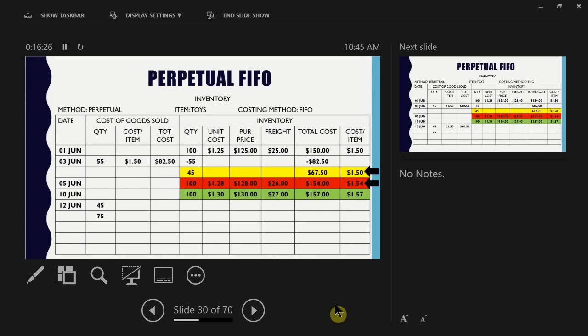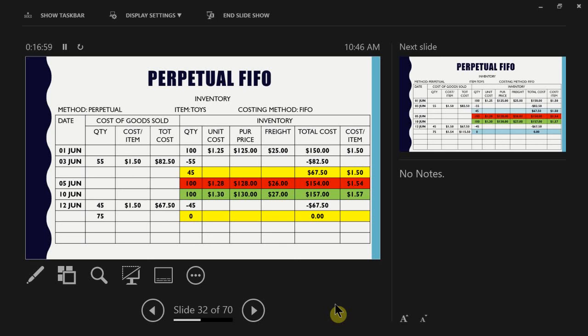The yellow batch, like I've mentioned before, is going to cost me $1.50 to sell. So I'm going to take that $1.50 and transport it into my column here on the cost of goods sold, and place it here to calculate a grand total of $67.50. And what I'm going to do here is take it out from my inventory.